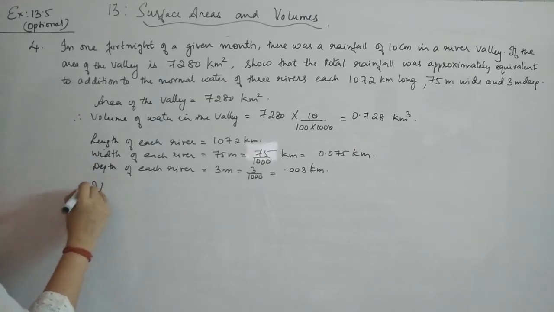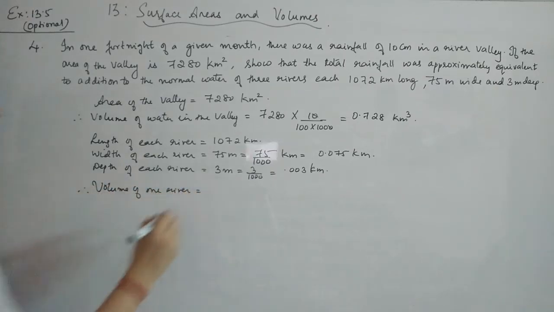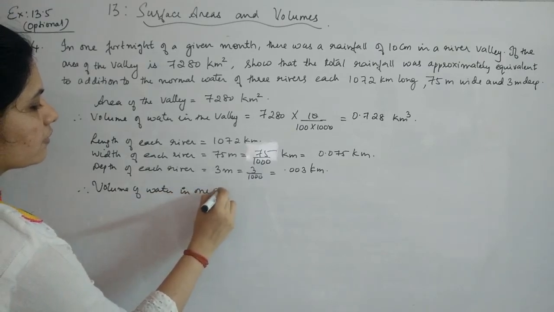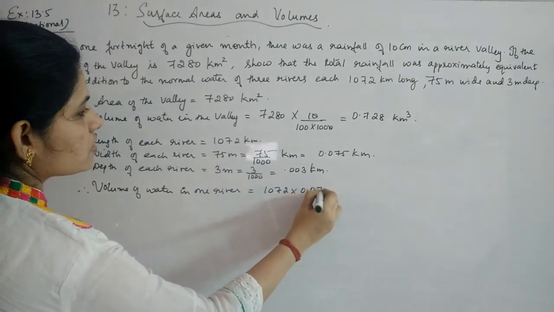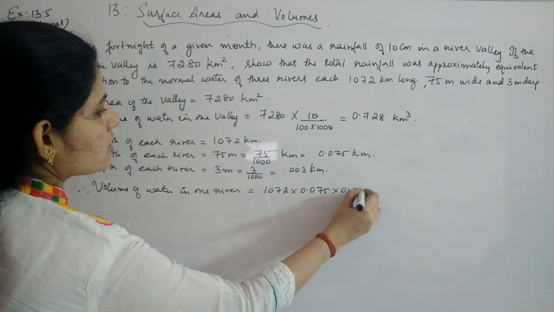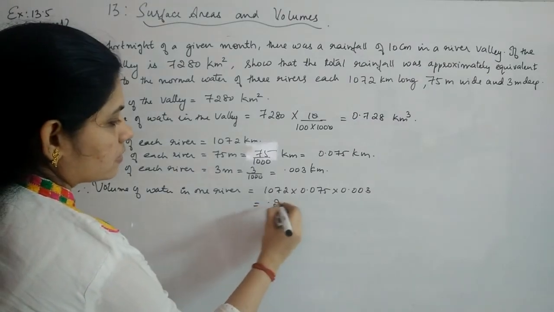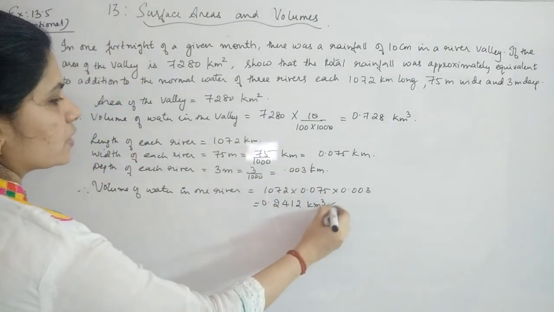So first we will find the volume of water in one river, which is equal to 1072 into 0.075 into 0.003. Just calculate and see. You have to get 0.2412 kilometer cubes. So this is what you are getting for 1.